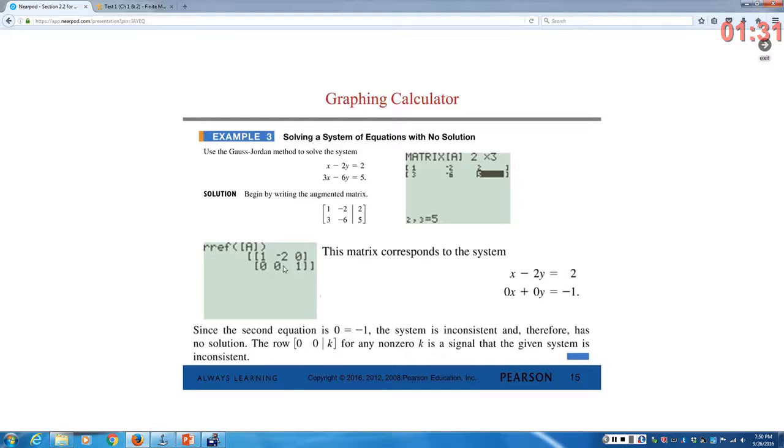But you have to actually get out of the matrix before we can do the row reduction. I think the calculator is just confused as to what the problem is. So just hit second quit from there, after you get your entry in there.